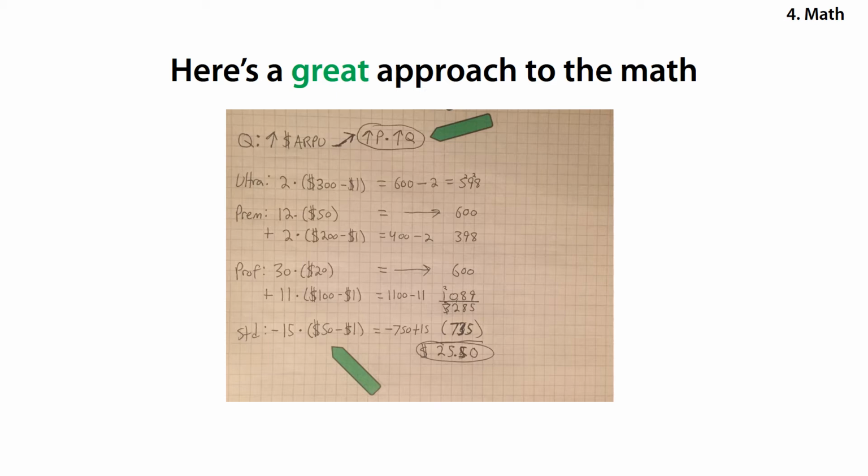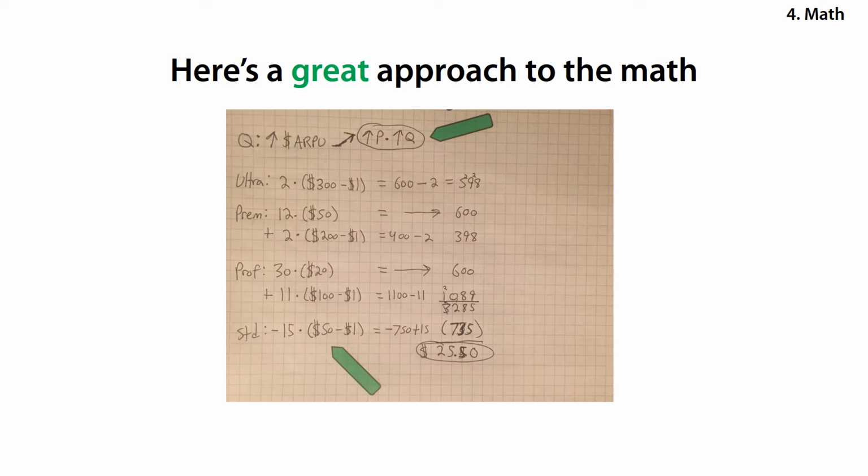Then Professional: we've got 30 customers paying us another $20 that we didn't have before, so that's 600. And another 11 customers we didn't have paying us 99, so 100 minus 1. 100 times 11 is 1100, minus 11, so that's 1089.